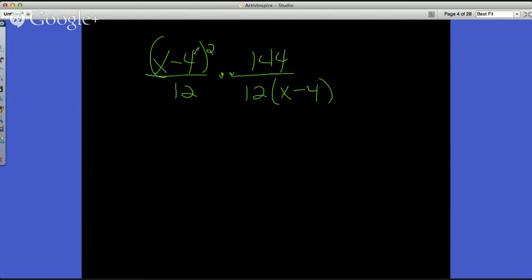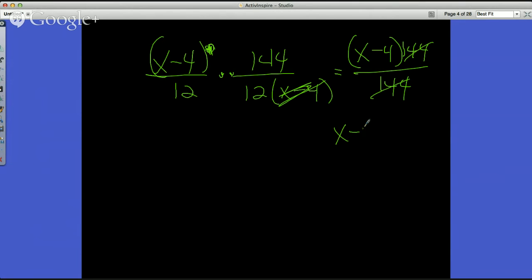I could cancel one x minus 4, not both of them, but just one of them. So what do I have left over? Well, I have an x minus 4 times 144 all over 144, right? Yeah. So what I could do is cancel those 144s, getting me just x minus 4 as my answer. Now, what is x not equal to?